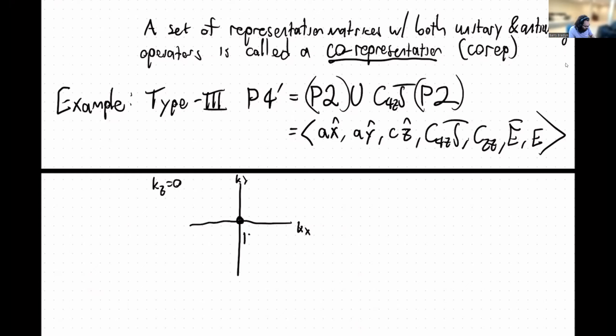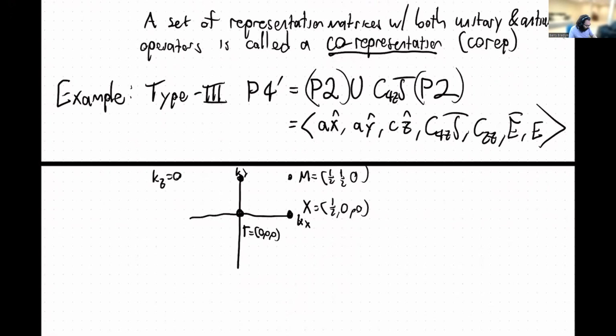So we have the gamma point with coordinates 0, 0, 0, our X point with coordinates 1/2, 0, 0, M, coordinates 1/2, 1/2, 0, and Y, 0, 1/2, 0.